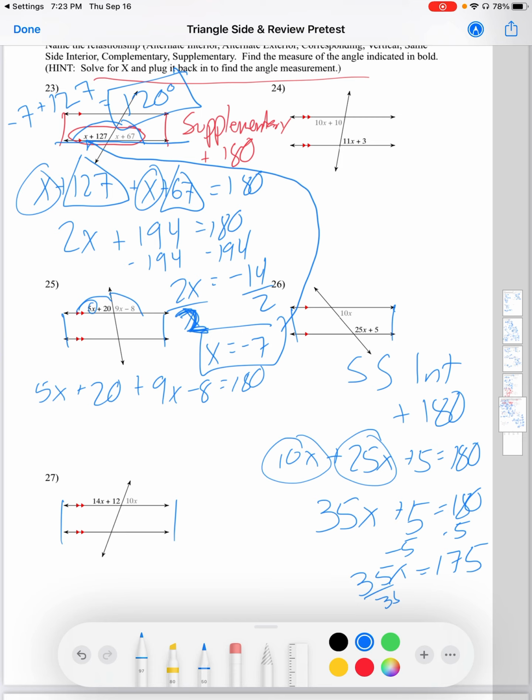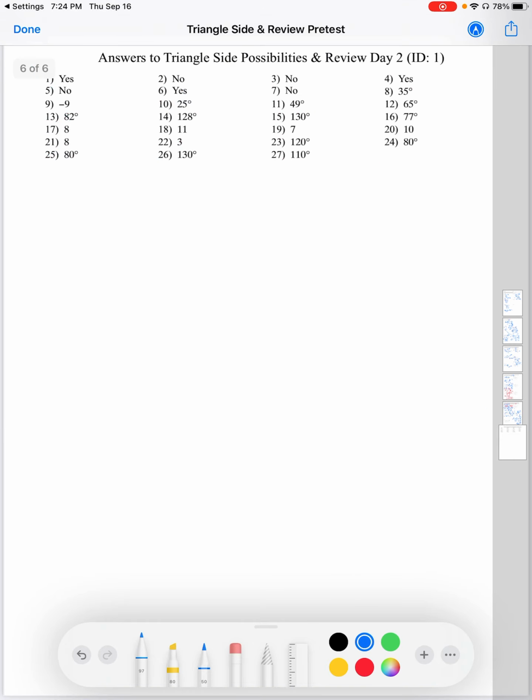Divide by 35. X equals, what's that going to be? 5? Yes. Now they don't want x equals 5. They want you to plug that back in. And that's going to be 25 times 5 plus 5. That is 125 plus 5, 130 degrees. And there are your answers. All right.